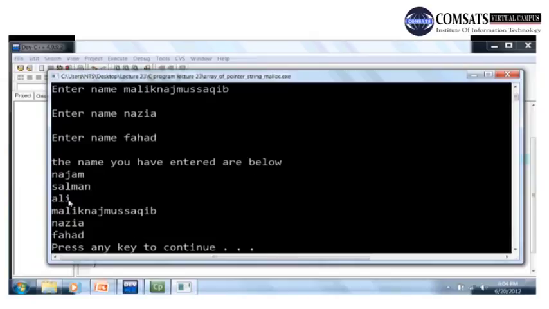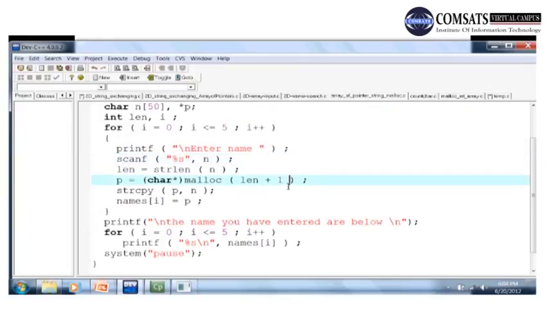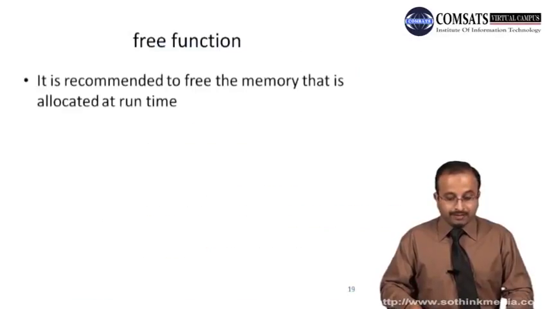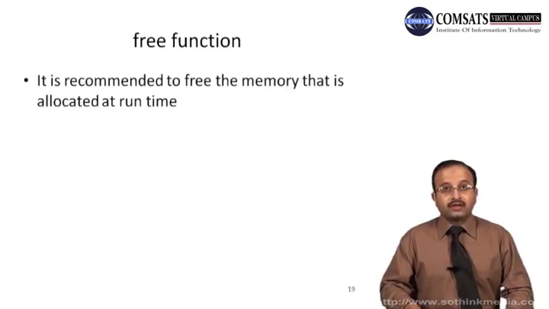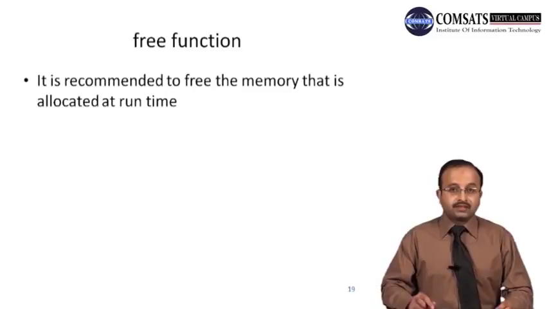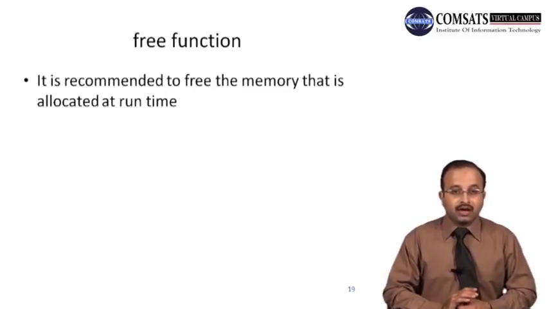For this, it would have allocated just 4 bytes, so there is no wastage of memory in this program, okay. So now you can use dynamic memory allocation to assign the string to the array of pointers, that is, the addresses of strings can be assigned to the array of pointers. Now the free function: it is recommended to free the memory that is allocated at runtime. So whenever you allocate at runtime, that is dynamic memory, you have to use the free function to free that memory.